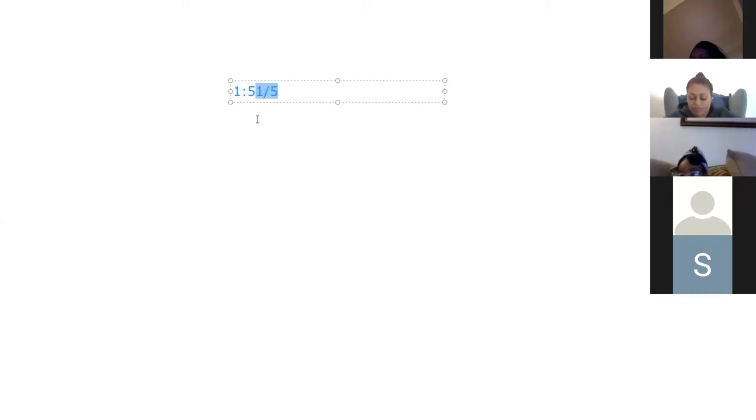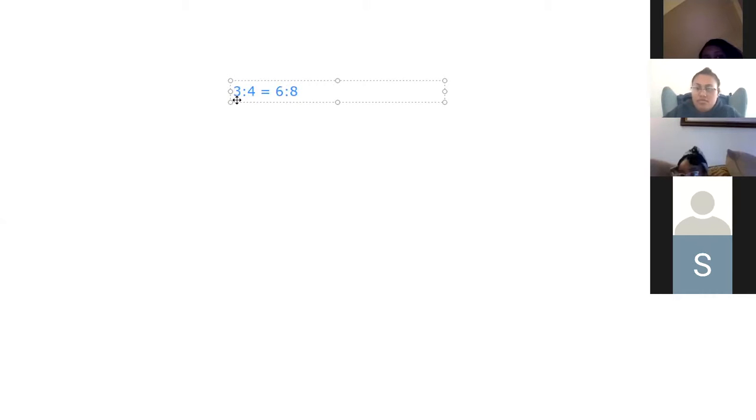When we're figuring out a proportion, we want to have both sides equal. Let's change that to something I can do in my head, okay? So 3 to 4 is the same as 6 to 8, right?